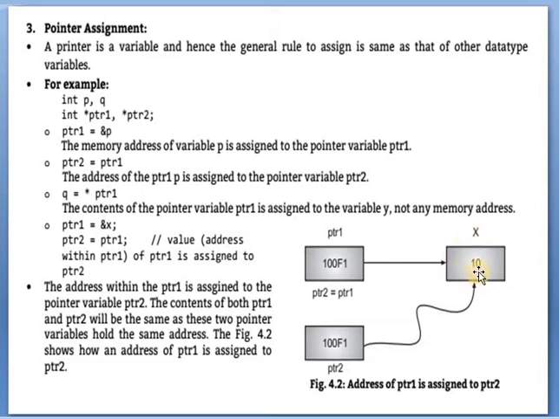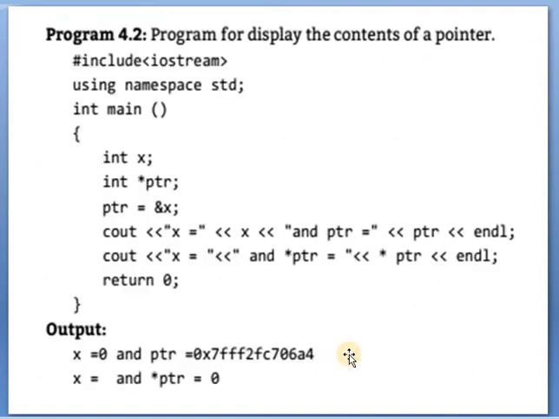Suppose the address of this y is 100f1. When we write the statement ptr2 = ptr1, the values of ptr1 and ptr2 are both the same because they contain the address of the same variable. So 100f1, 100f1. Okay, this is pointer assignment.